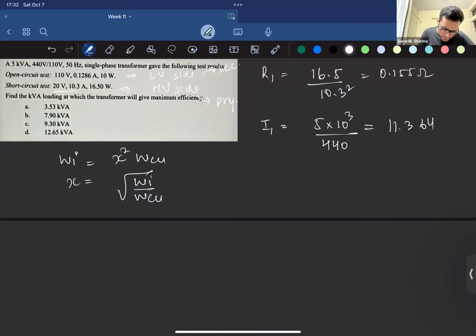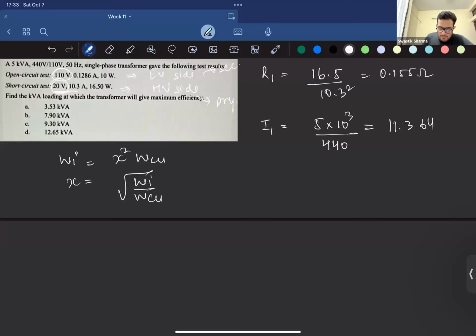Since this is conducted at 20 volts, but the high voltage side is at 440 volts, I'm converting all of those values to a proportionate amount of the 440 volt side. But this here is conducted at 110 volts, which is the low voltage side voltage. But since the short circuit test is conducted at 20 volts, I'm trying to convert everything to that of 440 volts, which is the rated value of that voltage, right?